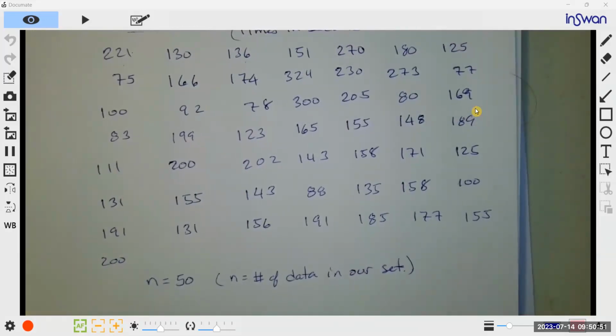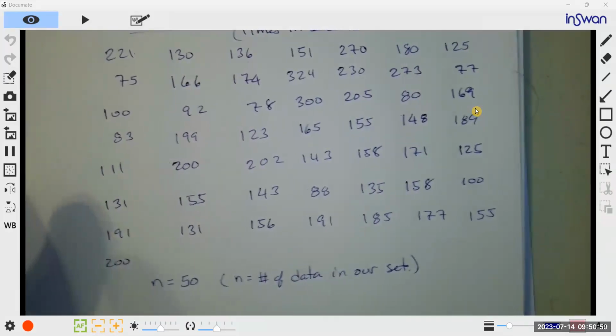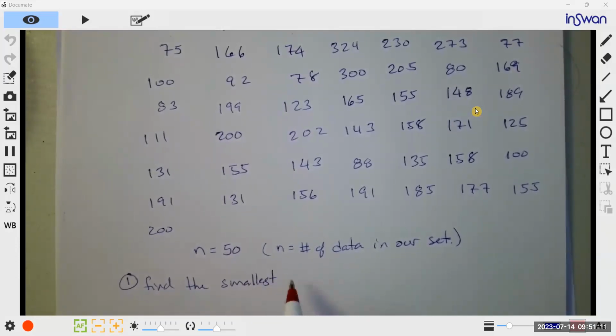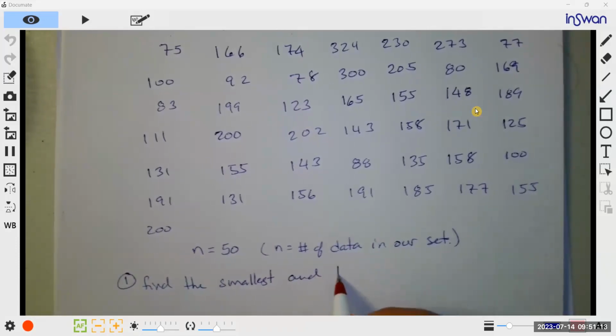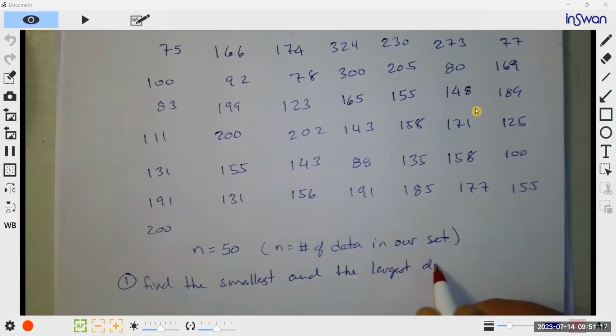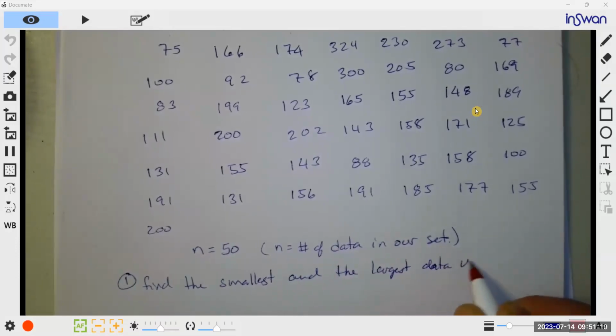What we have to do is look at this data and put it into some sort of order and organization. The first thing you want to do is find the smallest and the largest data value.